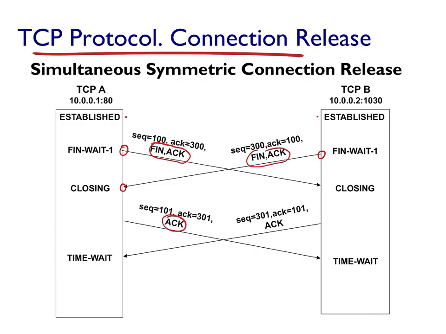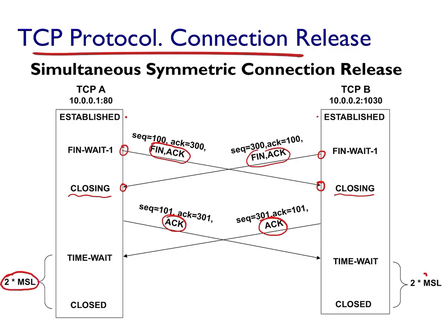I will agree by only sending an ACK. And this is the only way for TCP to be in the closing state, when there is a simultaneous symmetric connection release. At this point, B knows that A wants to disconnect with B, and B also wants to disconnect with A. Okay, let's go ahead. The same. In this case, both hosts must wait double the maximum segment lifetime before closing.